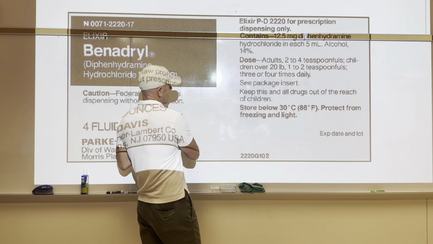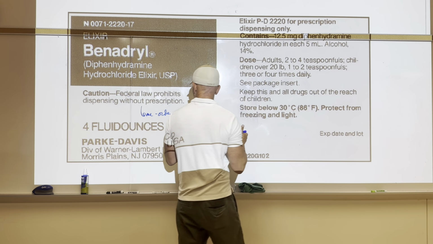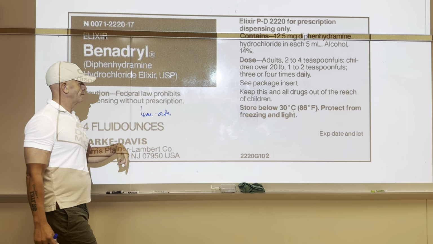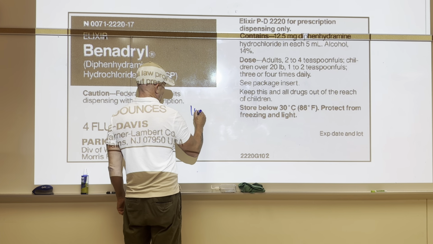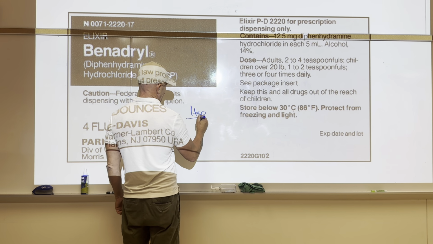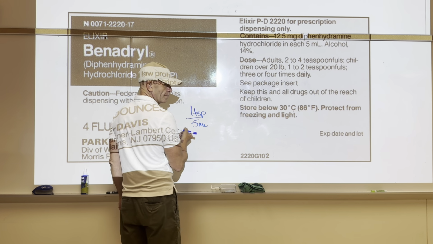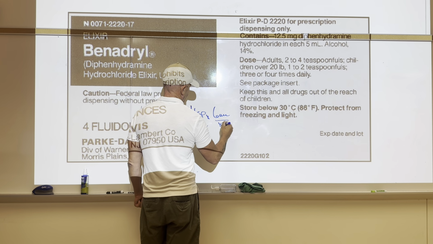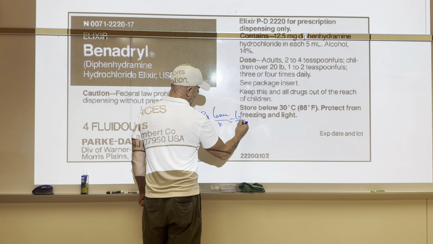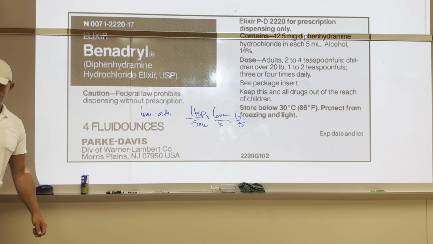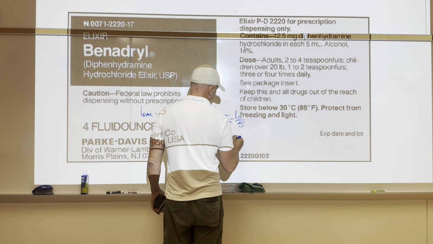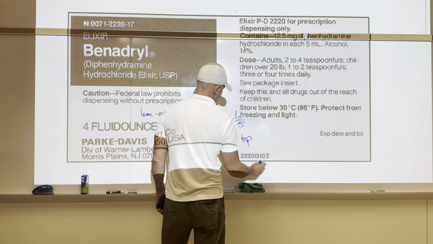How many teaspoons is in 6 mLs? One teaspoon equals 5 mLs, right? They give you 6 mLs as your order over X. 6 divided by 5 is what? 1.2. So 1.2 teaspoons right there.